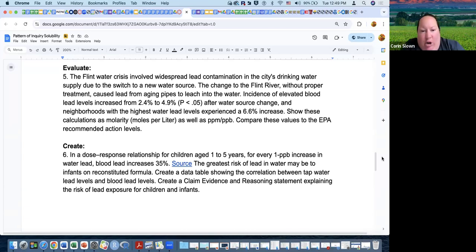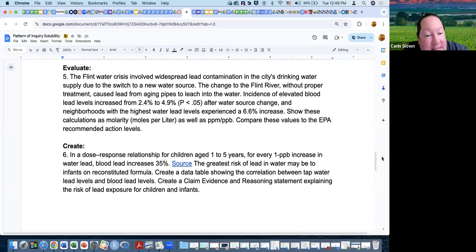So you're going to show these calculations as molarity, or moles per liter, as well as ppm and ppb. Then I want you to think about, what is the level of exposure in the water that you think would lead to blood lead levels with that great an increase? So we're going to compare those to the EPA recommended action levels and start to think about, whew, what does that mean?